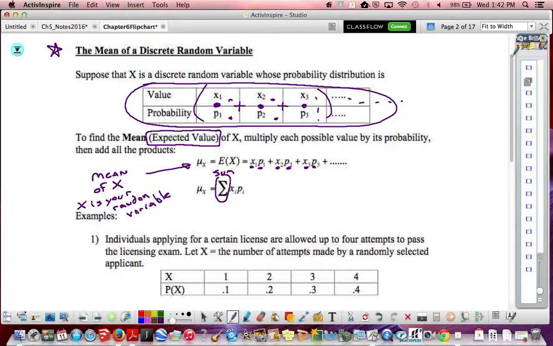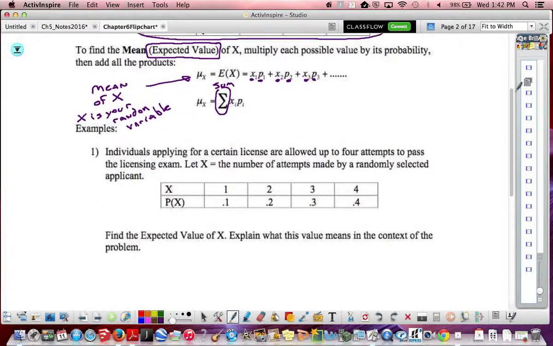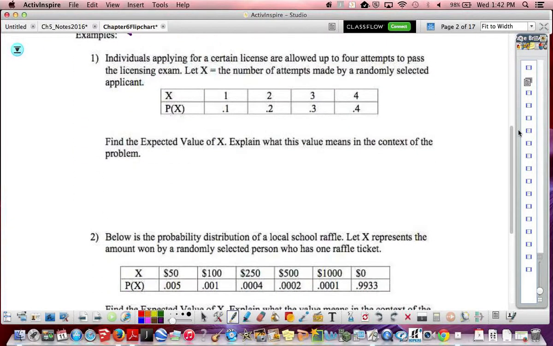So, to show you how you do the calculations and how you interpret it, let's take a look at these next two examples. First one here says individuals applying for a certain license, they could be doing their bar exam, or applying to become a CPA, are allowed up to 4 attempts to pass the licensing exam.